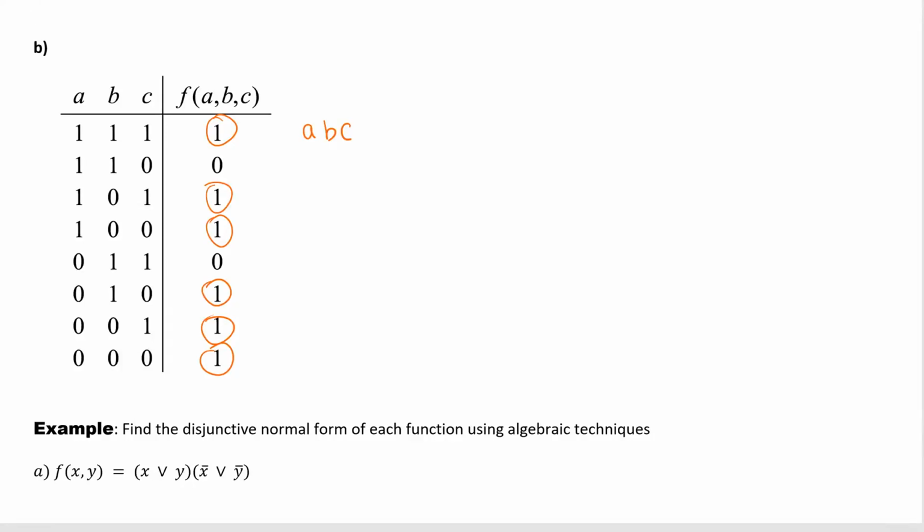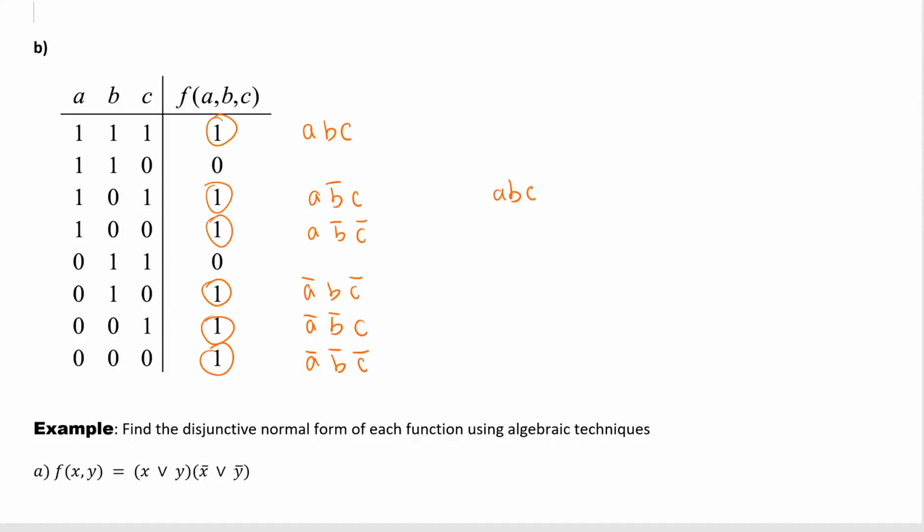Then this guy we have A and not B and C. This guy we have A, not B, not C. This guy we have not A, B, not C. This guy we have not A, not B, C. And then this guy, all of them not. Okay, so we have 6 mini terms, and then we use OR to connect all of them.